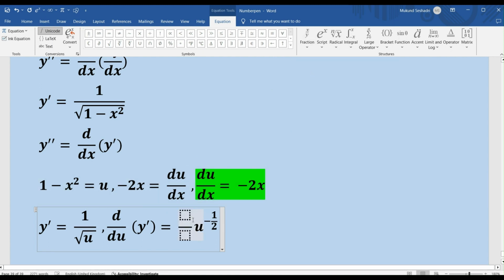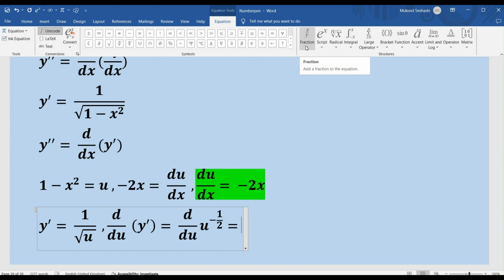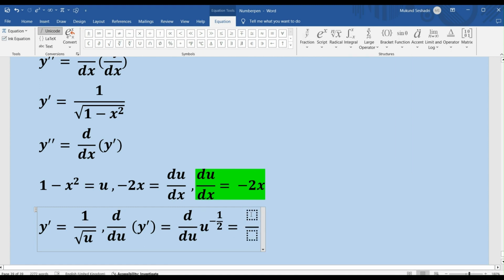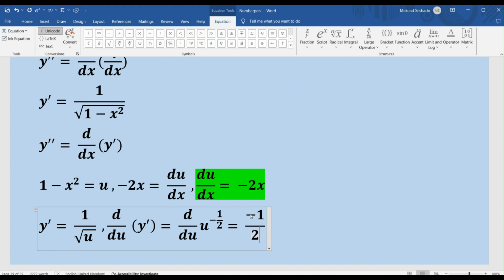To do my d by du of u to the power minus half, which I'm quite familiar with because I know that d by dx of x to the power n equals n x to the power n minus 1. So I apply the same formula. My d by du of u to the power minus half is nothing but minus 1 by 2 into u to the power minus 1 by 2 minus 1, right?